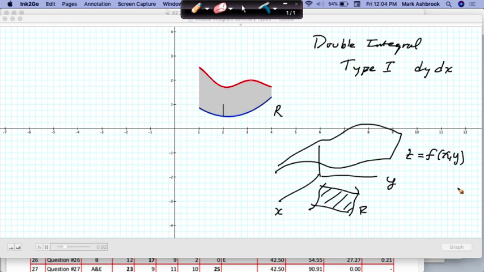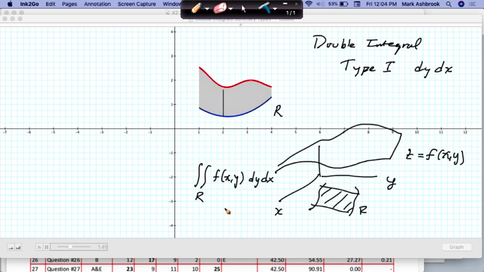Net volume under the surface. Net volume. Yeah, so what does that mean, net volume? Doesn't it just find volume? We're talking about the double integral of f, in this particular case dy dx, over the region.